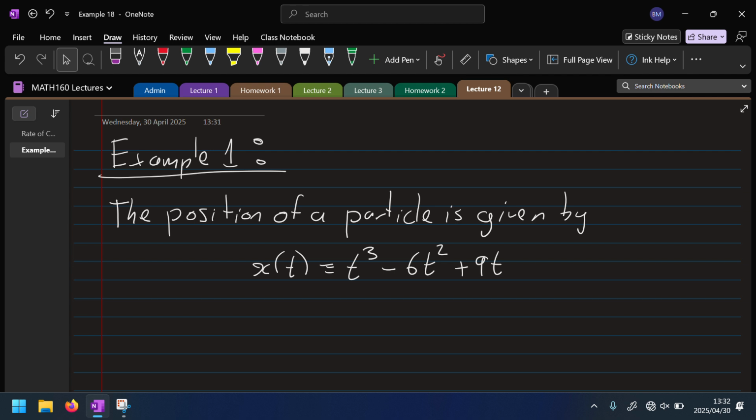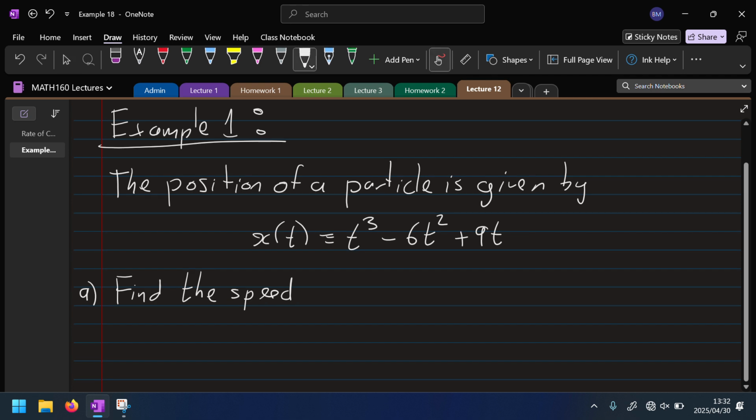So the first thing is A, find the speed. Now, I'm not going to tell you what the speed is. You know, speed is the rate of change of position. So we've got the position, we want the speed. So we want d by dt of that whole right-hand side.